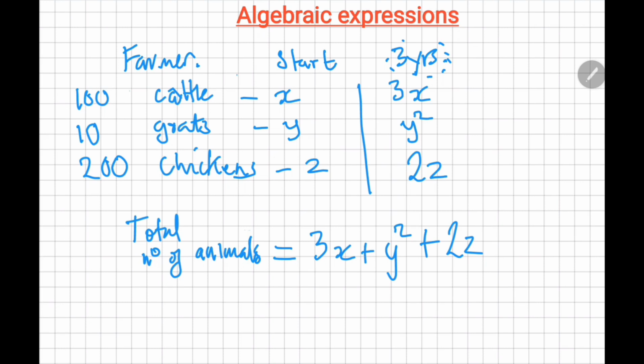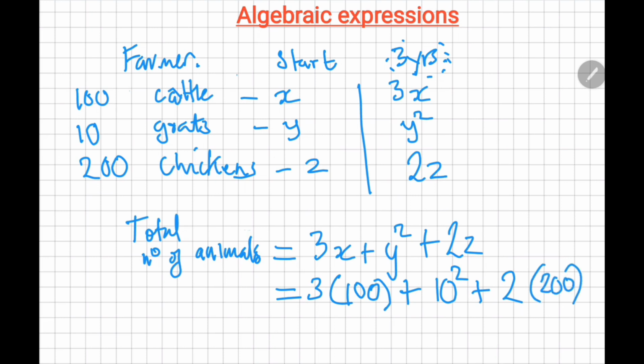Okay, so it's going to be 3 times 100 plus y squared. y is now 10, which is 10 squared, plus 2 times z, which is 200. The 3 times 100 becomes 300, 10 squared becomes 100, 2 times 200 becomes 400. Adding this gives you a total of 800 animals.